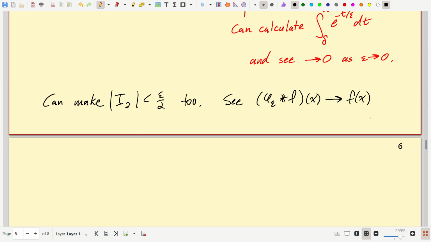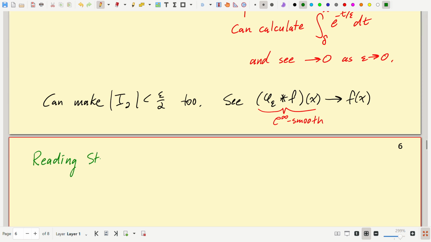This is a smooth function, C infinity smooth, tending to a continuous function, and this f is merely continuous. Anyway, that's how it works.